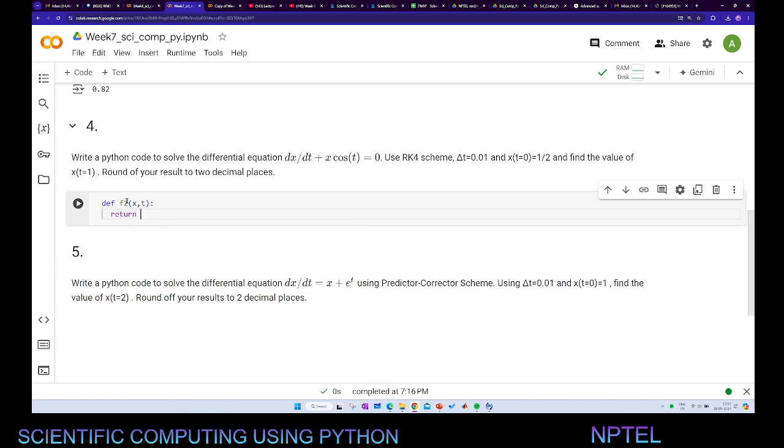And what should be this one? Anyone? What should I write here? Minus x cos t. Yes, it should be minus x cos t.